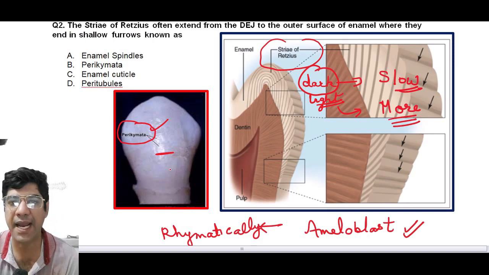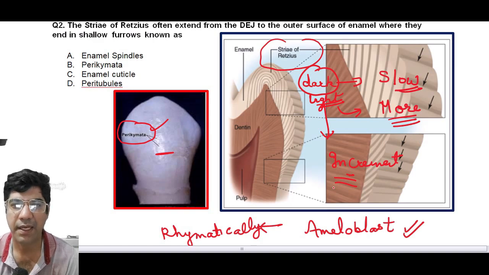Each dark and light band represents the incremental layer of enamel deposited during one cycle. Sometimes certain events during tooth development can lead to prominent lines that are known as the accentuated lines of Retzius.